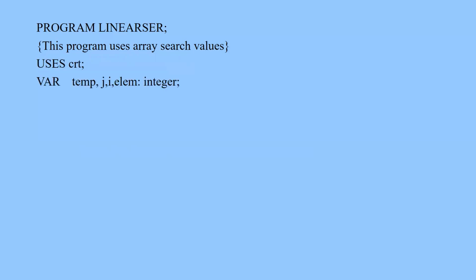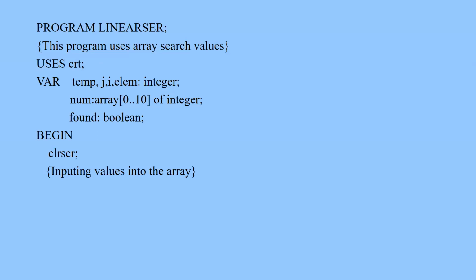We also declare the 4 variables: lm, I, j, and temp, integer. Then we declare an array called num, which is supposed to hold 10 elements, 0 to 10. Then we declare another variable called found, which is of type boolean. And then we begin to clear the screen.